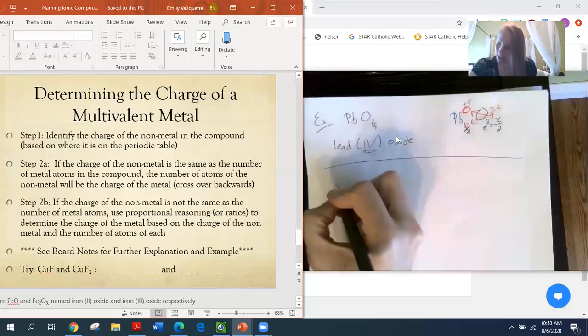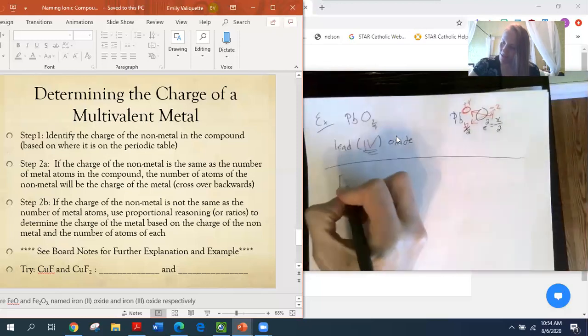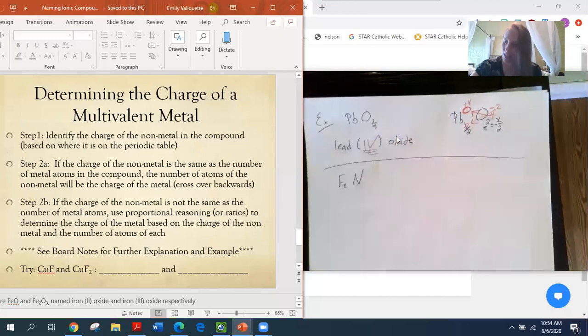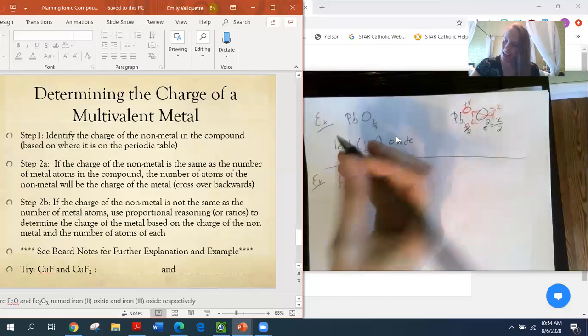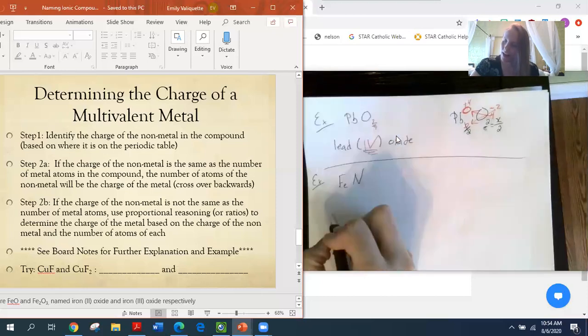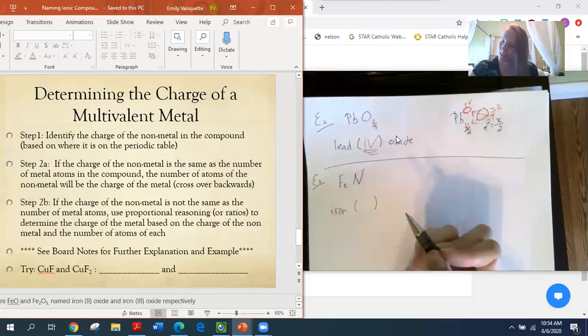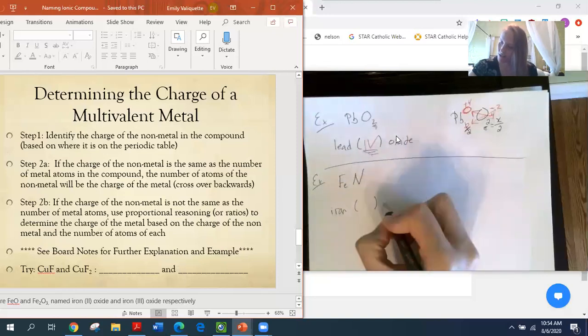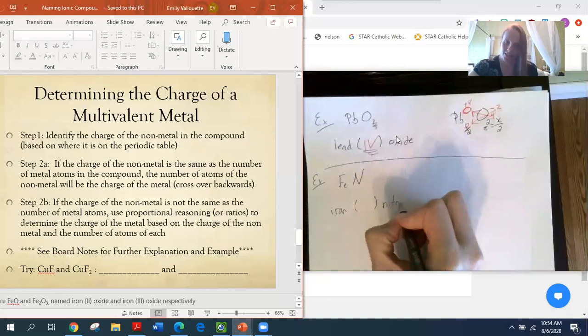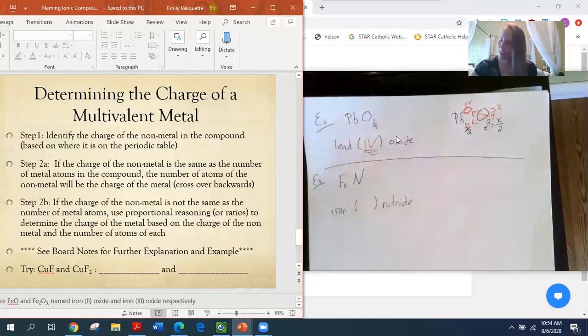So next step, I'm going to have FeN for my second example here. Fe is, of course, iron. We don't know what its charge is, and then N is nitrogen, and we change the ending to IDE. I'm then going to go over to the side and separate those.